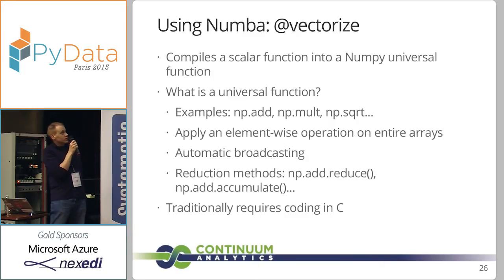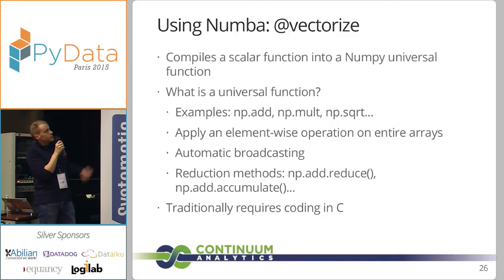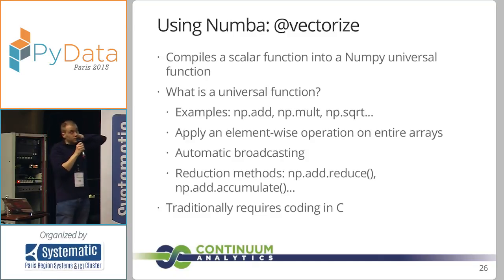That's what is called broadcasting, and broadcasting can be much more complex than that. Defining a Numpy universal function gives you automatic broadcasting. It gives you for free the reduction methods, so the reduce method, the accumulate method. I don't know if they are very widely used, but they are useful.